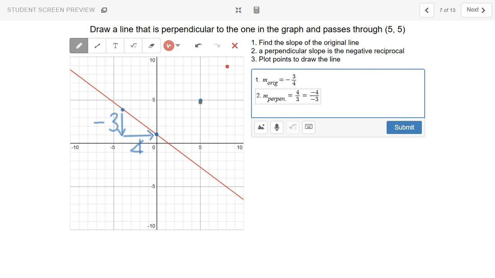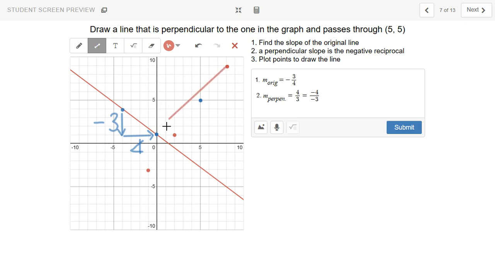So now we can go down by 4, 1, 2, 3, 4, and to the right by 3, 1, 2, 3. Let's do it again, 1, 2, 3, 4, and to the right by 3. Now we have our line, and this is the line that's perpendicular to this other line.